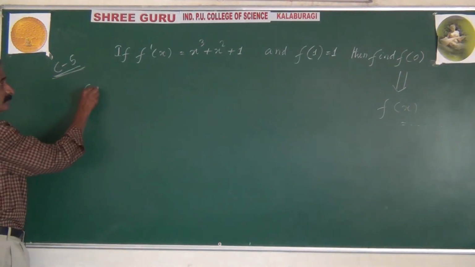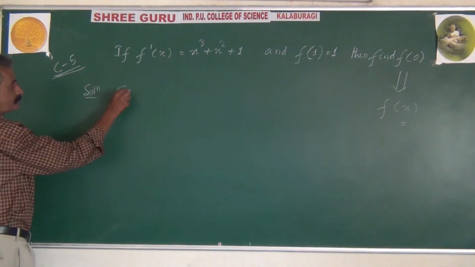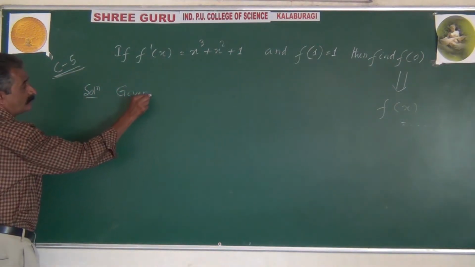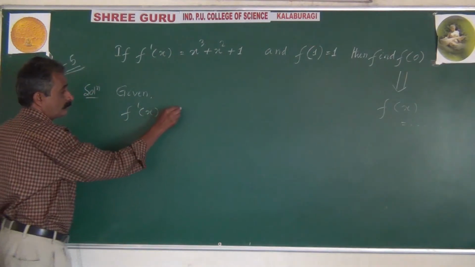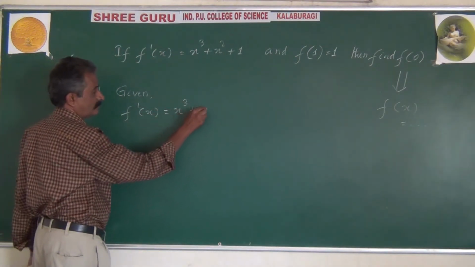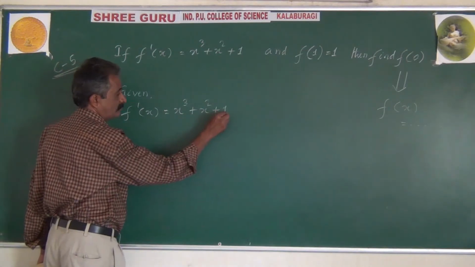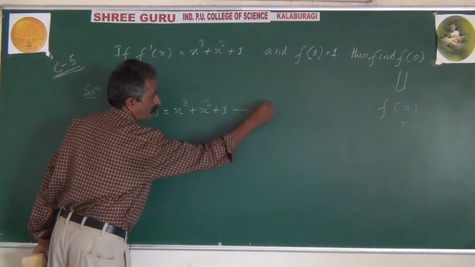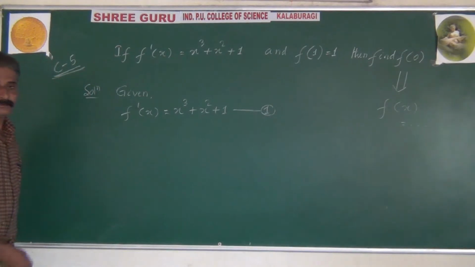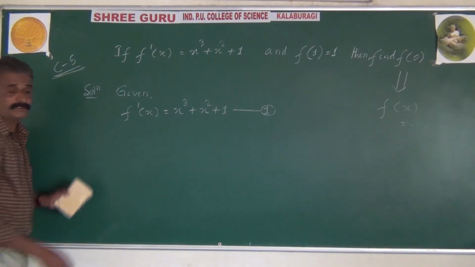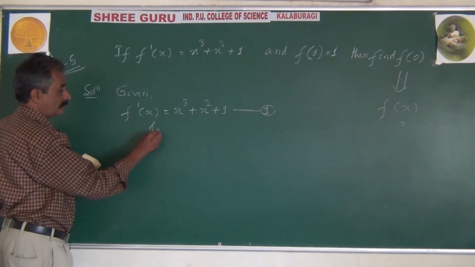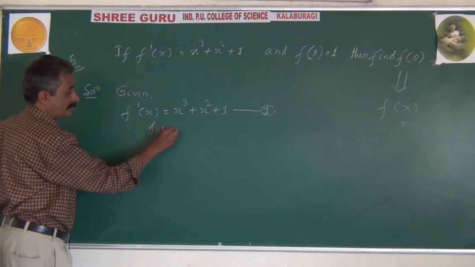First write the given data. Given: f dash of x equal to x cubed plus x squared plus 1. You may call it equation 1. But we are on the way to finding f of x. For that we have to integrate equation 1, not differentiate. Keep that in mind.